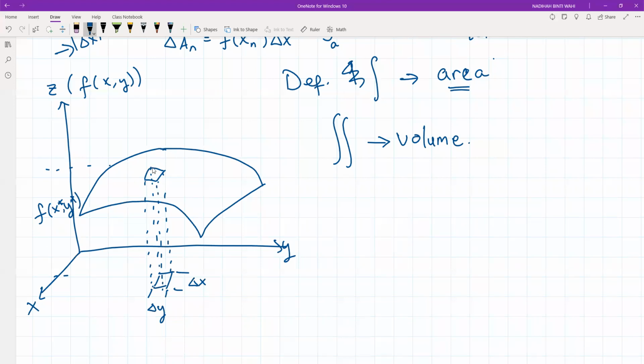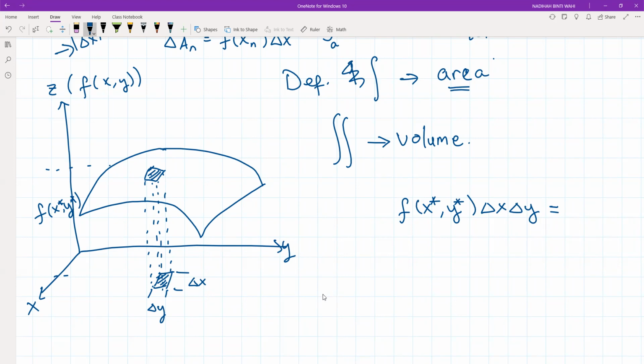So if I do like this and multiply f(x star, y star) times delta x times delta y, what's the value? What's the name of the output? Volume.